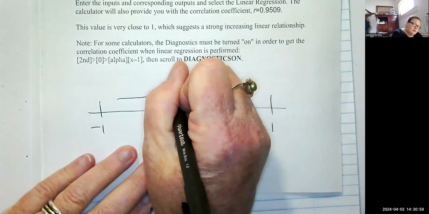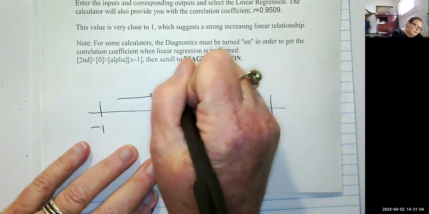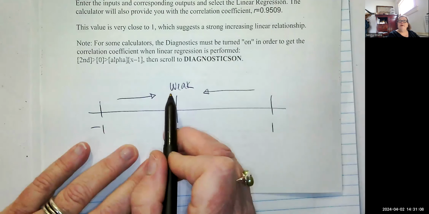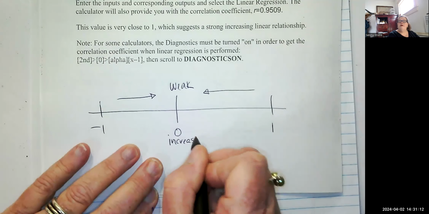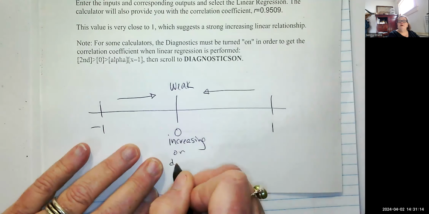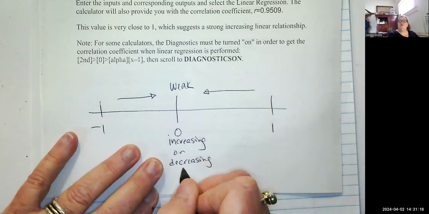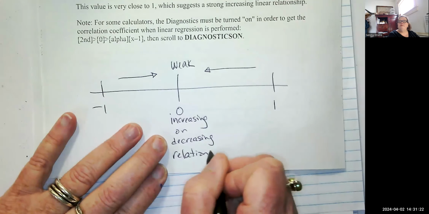There is no form whatsoever for this. So this is weak here. Now, weak is one thing, but is it increasing or decreasing? So we have a weak increasing or decreasing relationship between the data.